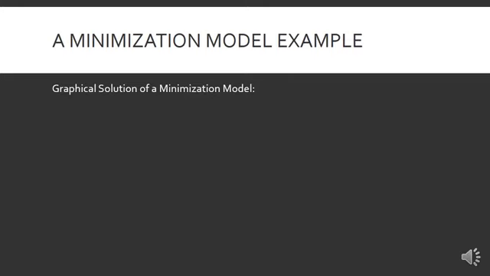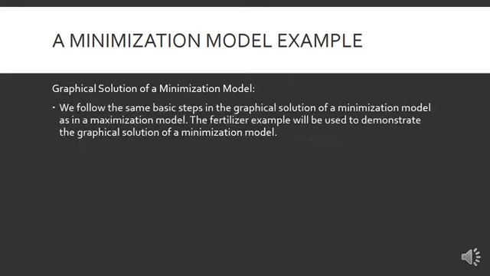So, graphical solution of a minimization model. We follow the same basic steps in the graphical solution of a minimization model as in a maximization model. So, ganun pa rin, gagawin pa rin natin yung line 1 at saka line 2 para dun sa dalawang constraints. The fertilization example will be used to demonstrate the graphical solution of a minimization model.